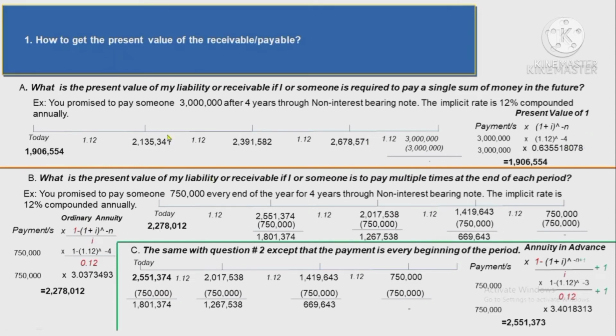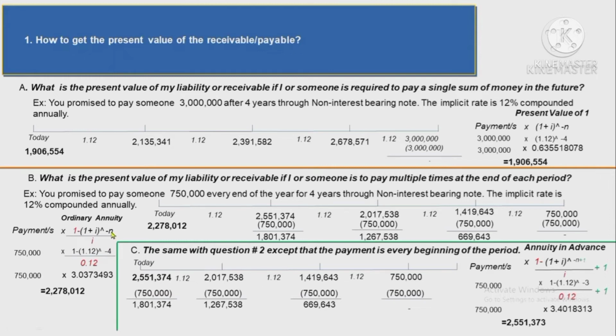So in here, if you wanted to get the 1906, you use negative 4, right? But since you wanted to get this one, then you're going to revise this n. It will become 2, because from the maturity date, you need only to go back 2 years because you want to get the 2,391,582. The same with this one. If you wanted to have the 1,267,538, again, you revise the negative 4 into negative 2.